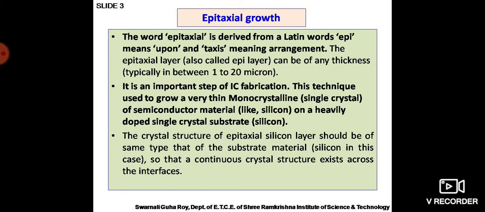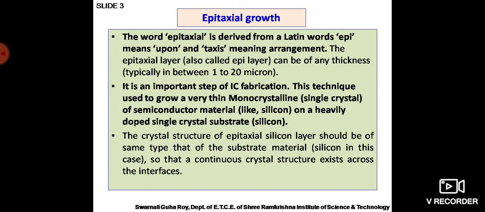The second point is that the epitaxial step or technique is an important step for the IC fabrication process. This technique is used to grow a very thin monocrystalline, that is single crystal, semiconductor material like silicon.